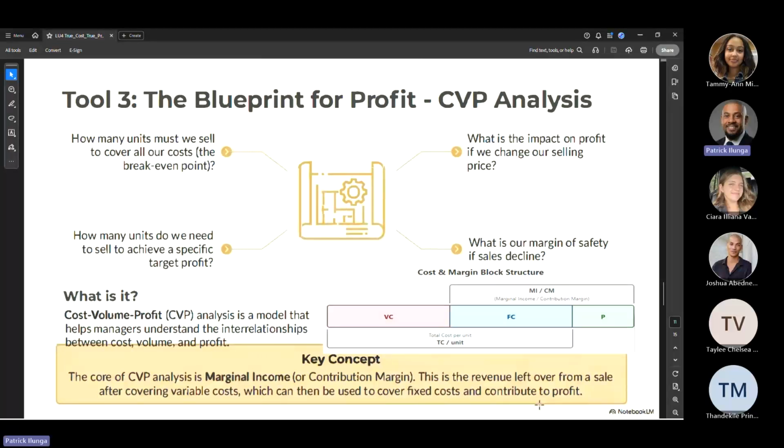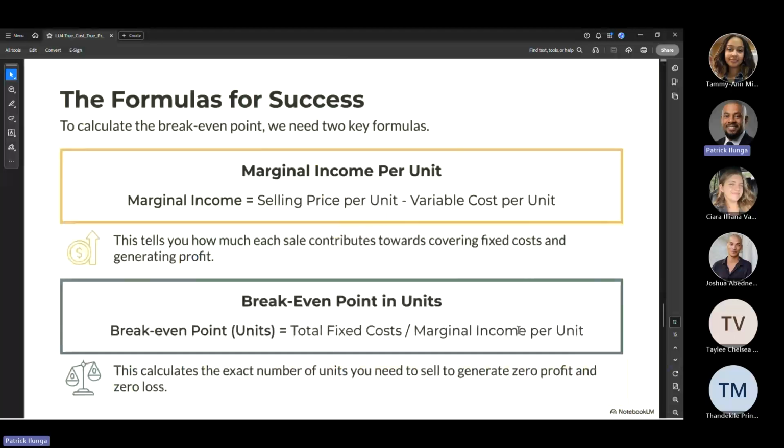Right? So now, this is how you will understand our formulas. What did I tell you? I said you should be able to tell me what is the break-even point. So if you want to find the break-even point, remember we were talking about that marginal income or contribution margin. How do we find the marginal income again?